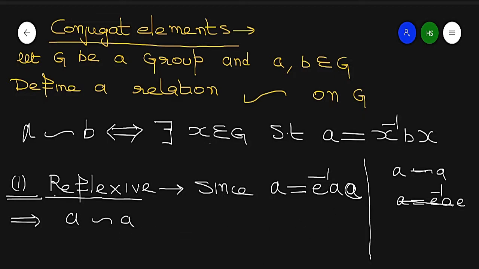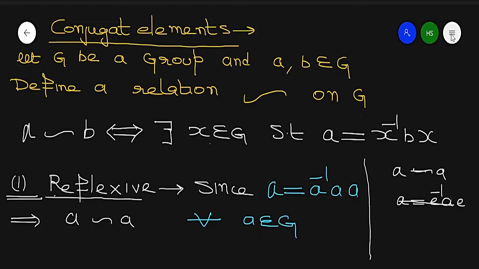Also, we can write A as A inverse A into A. Since for every element A I can write it as A inverse A into A, this will become identity and equal A. So A is related to A for every A belonging to G, and it satisfies the reflexive property.